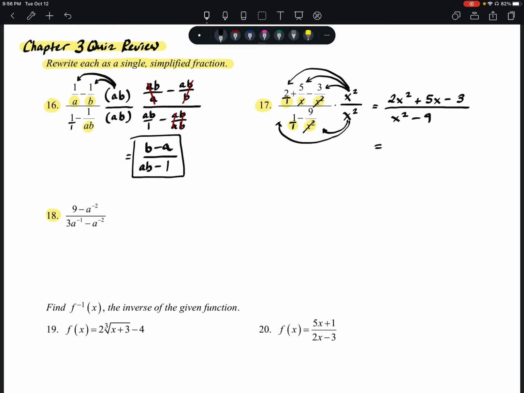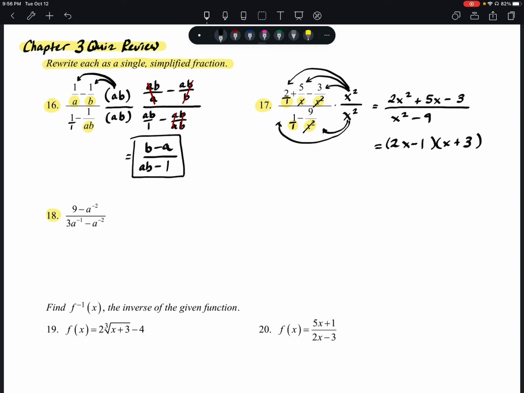Now let's just factor, right? So we know the top should factor into a 2x and an x. Let's see here. 3 times 2 is going to be 6, and then 1 times 1 is 1. So we need this one to be positive, this one to be negative.